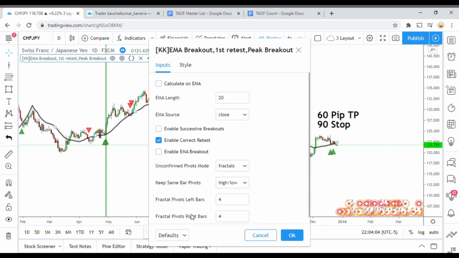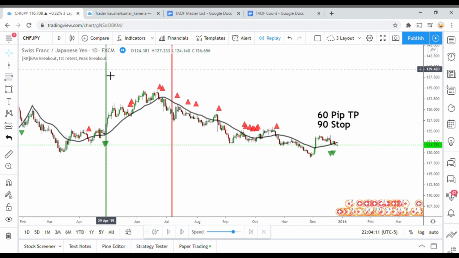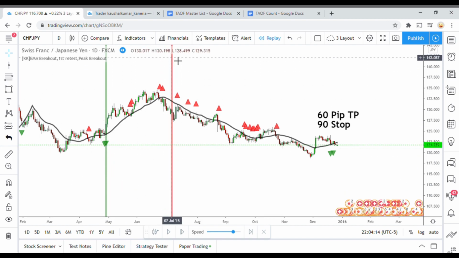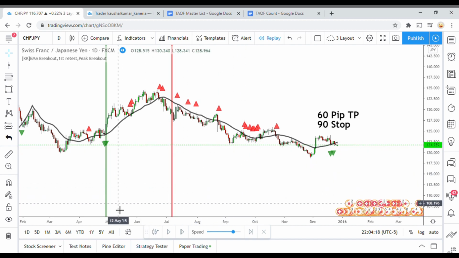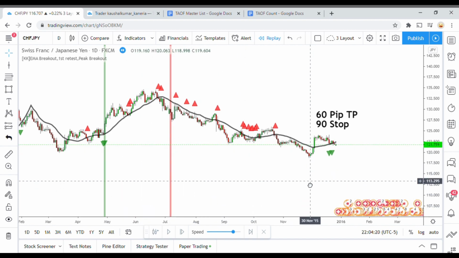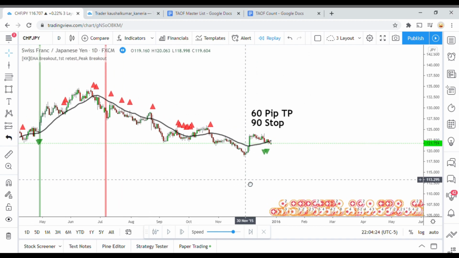Actually, let me go back here and do this. This is actually how they were set up, like so. And then you have these lines that run top to bottom that are red and green. And so this indicator actually does a few different things.